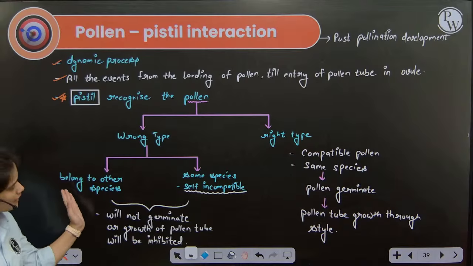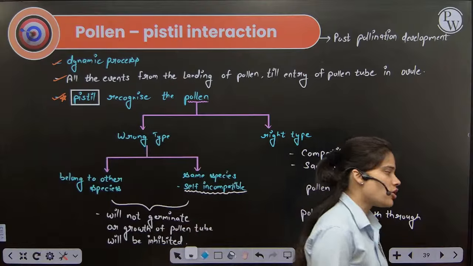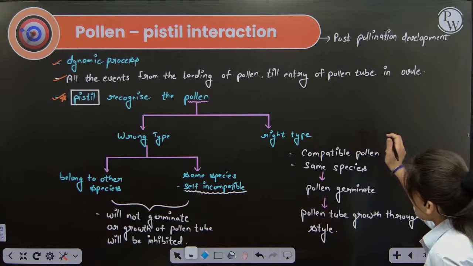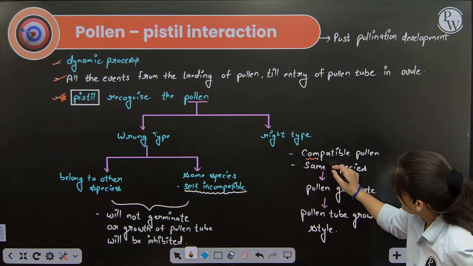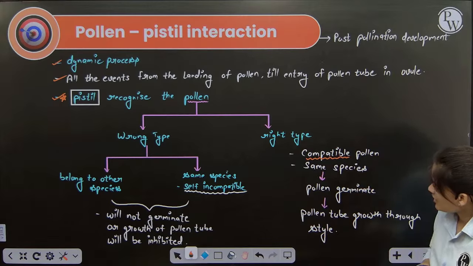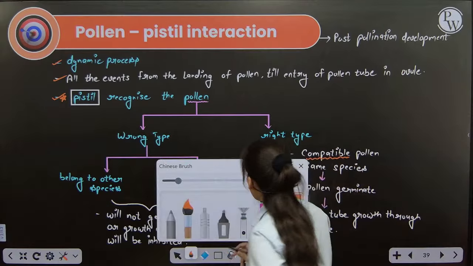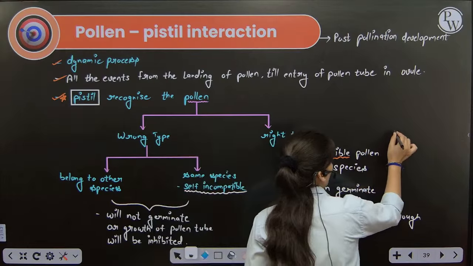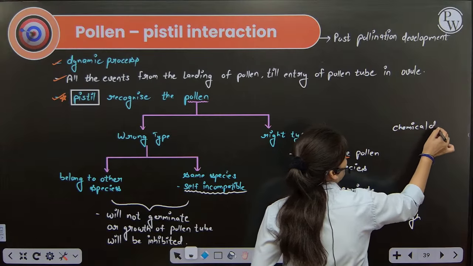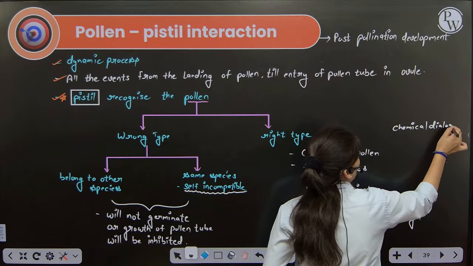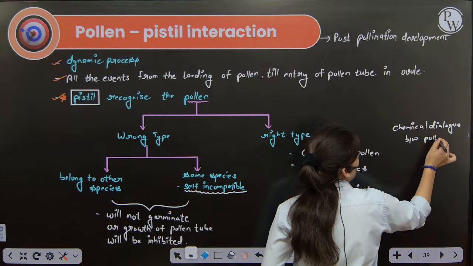What if the right type of pollen grain lands on the stigma? That is also recognized by the pistil. If compatible pollen, the right type of pollen from the same species, lands on the stigma, then what happens? There is a continuous chemical dialogue between pollen and pistil.